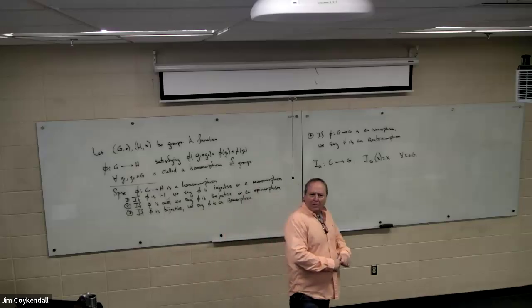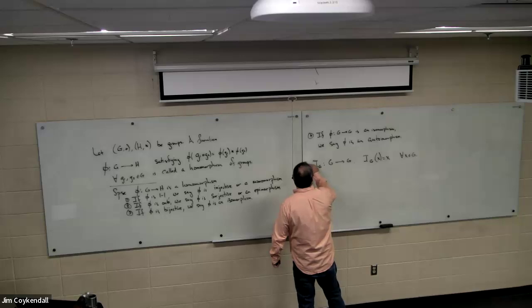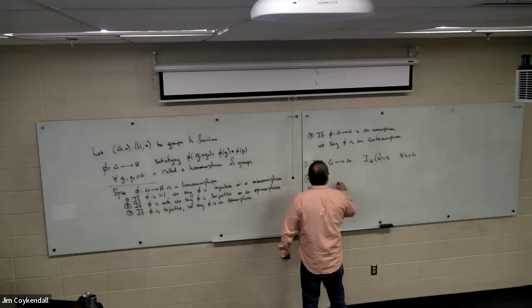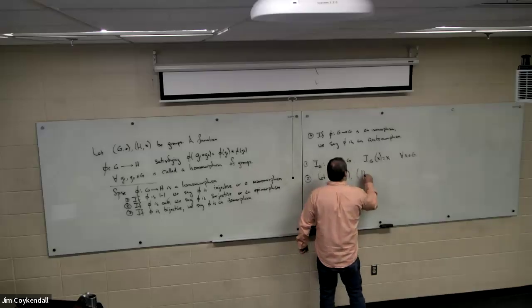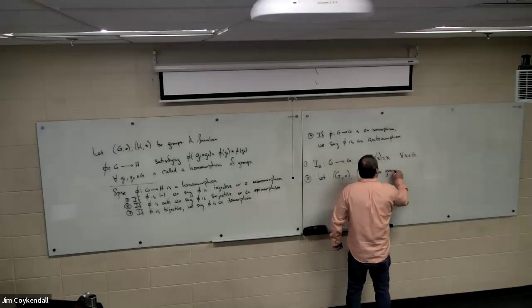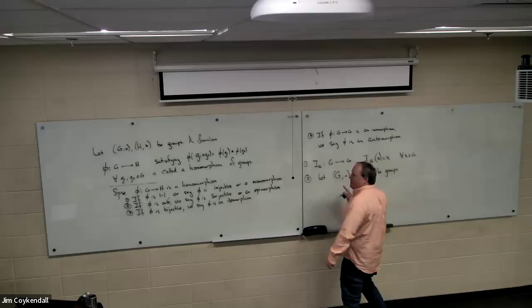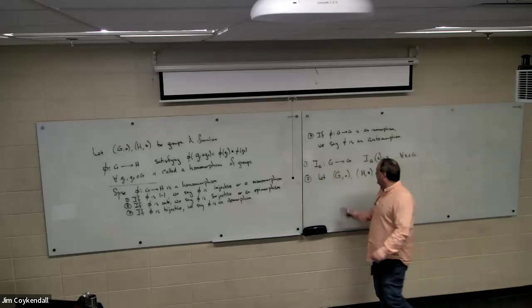Suppose I walk up to you on the street and I give you two groups. I know for sure there's always one homomorphism from here to here.